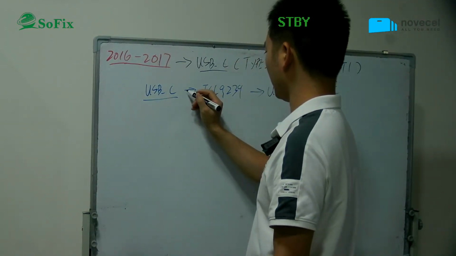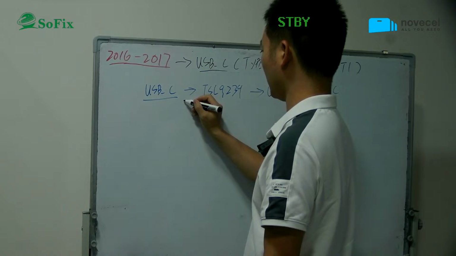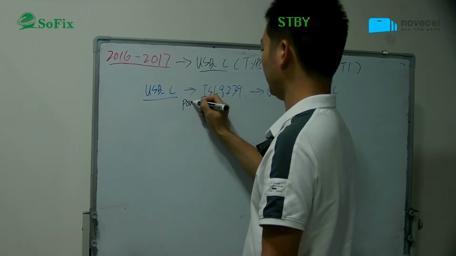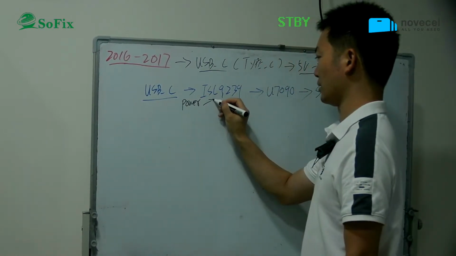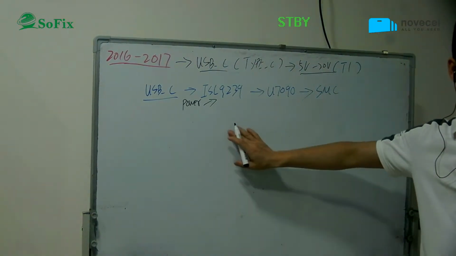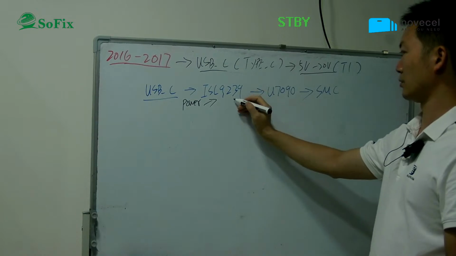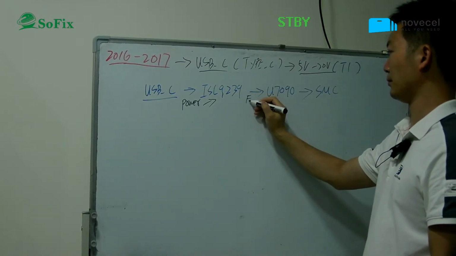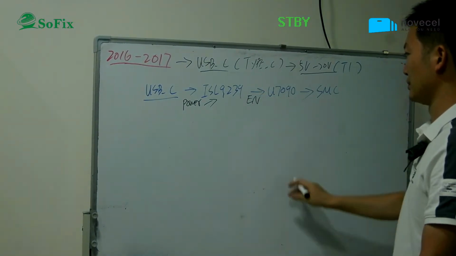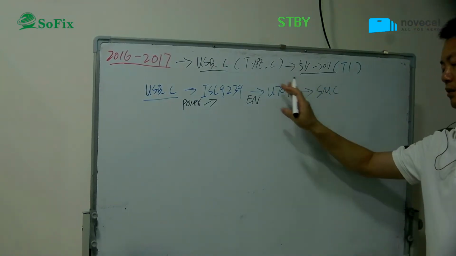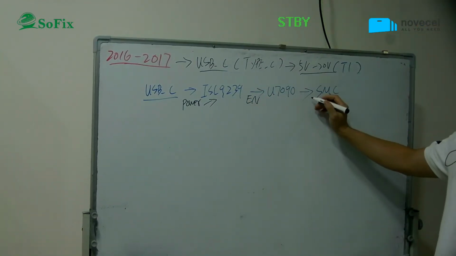USB-C chip provides the voltage, provides the power to charger IC. Charger IC receives the voltage. Then when the working condition is normal, it provides the enable EN to this IC to open the voltage to SMC.